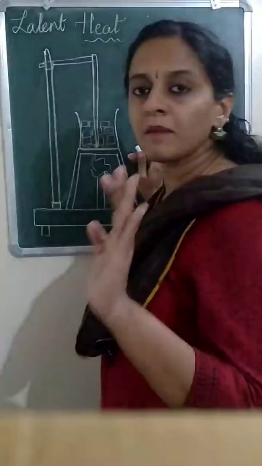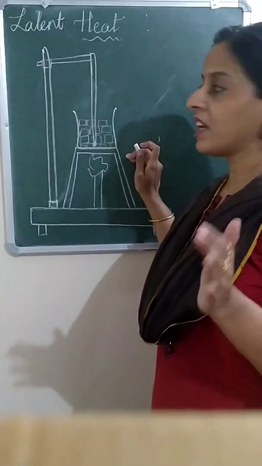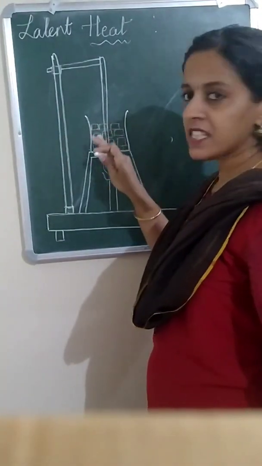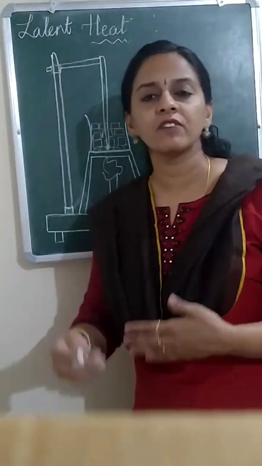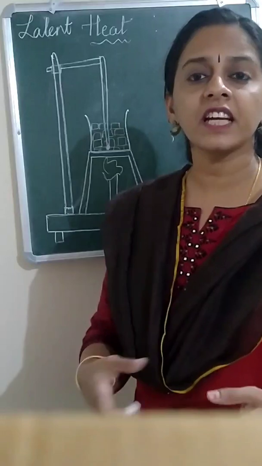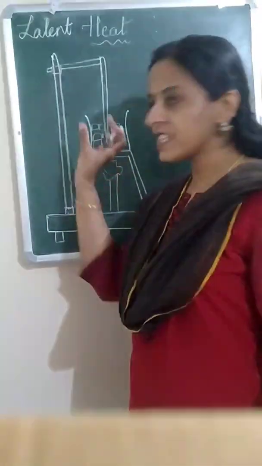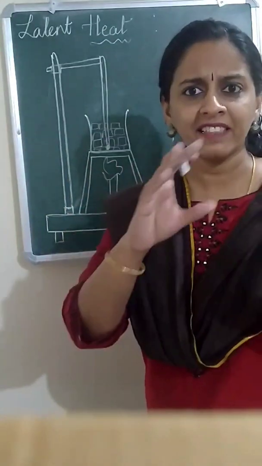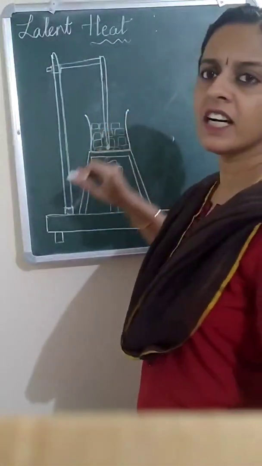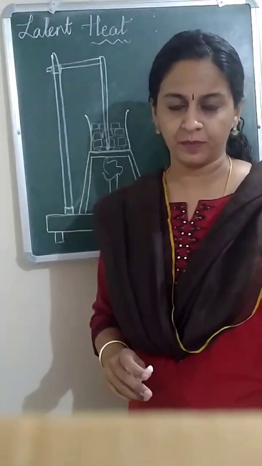As you start heating, the ice starts getting converted into water, and in that time period, while ice is getting converted into water, you will see that there is no change in the temperature. The thermometer shows a constant temperature.